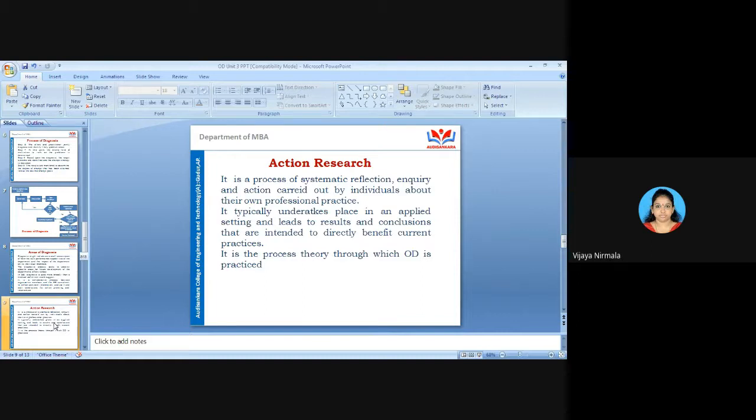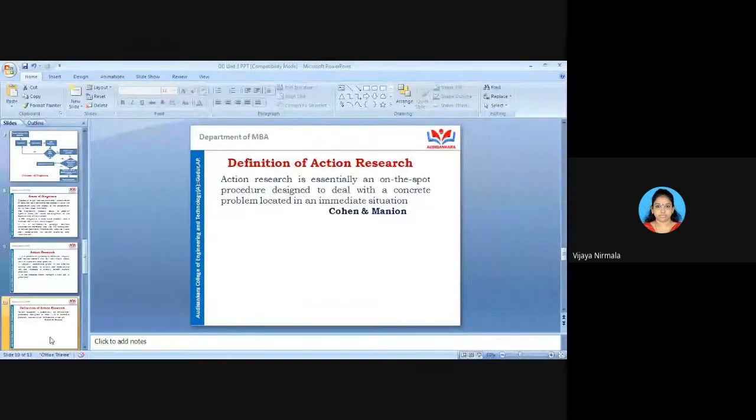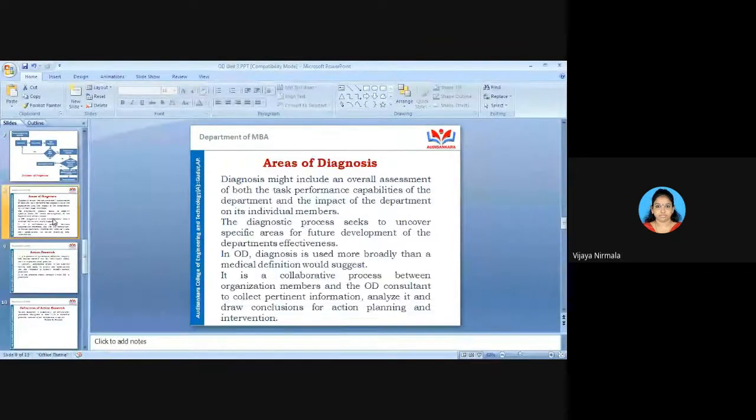And when you come to the second area, the diagnosis is mainly concerned with the organizational process.